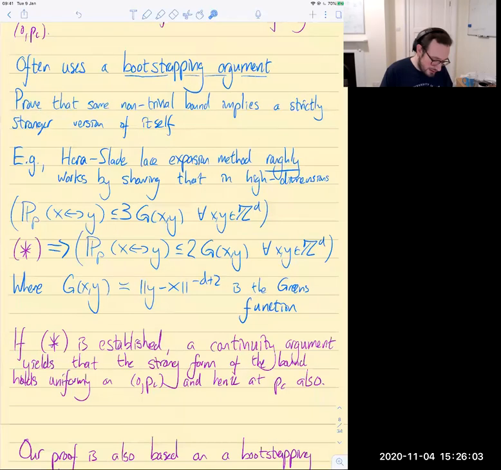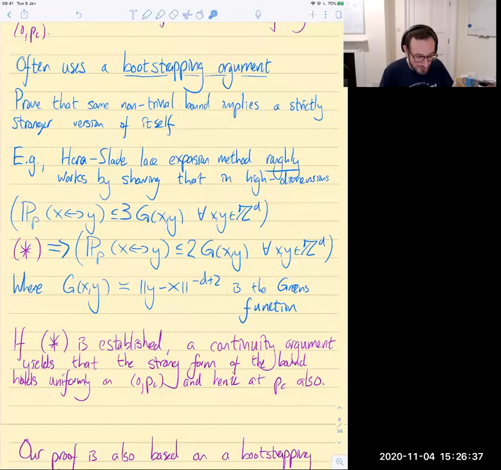So what you want to say, for example, is that suppose I can prove that I'm in high dimensions, and I can prove that if I have a bound of this form, saying that the probability that x is connected to y is always bounded by 3 times the Green's function, then in fact I have the same bound, but where 3 is replaced by 2. Okay? So if I can somehow, it's a big if, and this is all the amazing work of the lace expansion that goes into proving this implication in high dimensions.